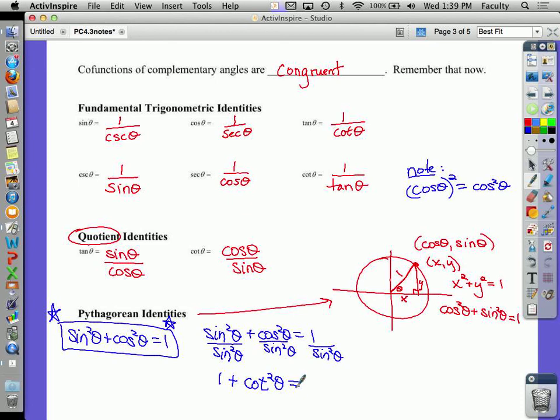What is that? Cosecant. Yeah, cosecant squared theta. There's my second Pythagorean identity. Again, I don't memorize this, but I can figure it out.